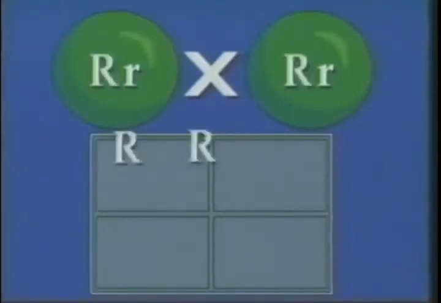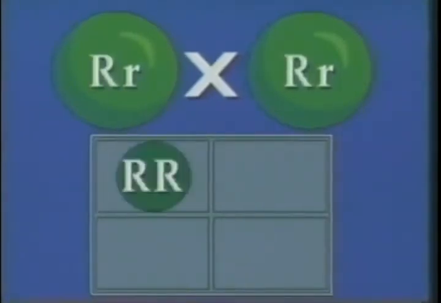The combination of 2 dominant factors produces the dominant round form. The dominant factor from one parent may combine with the recessive factor from the other parent. In this case, the dominant factor, roundness, will prevail.